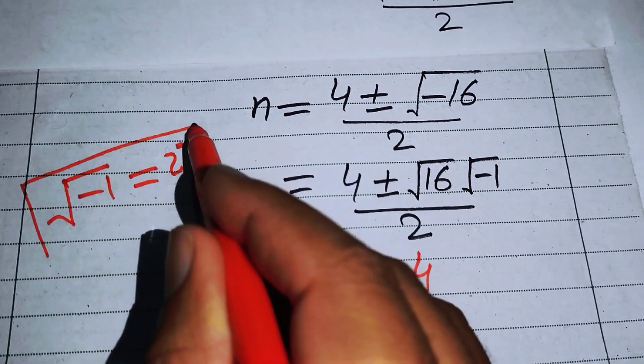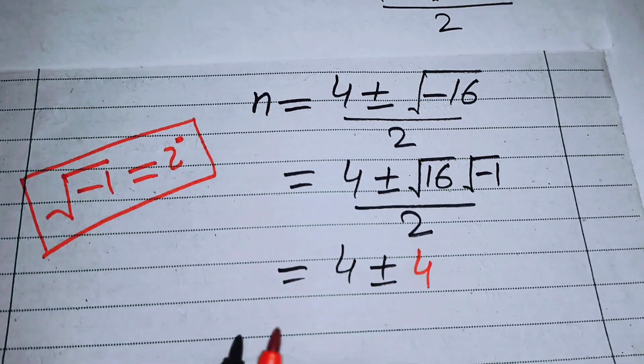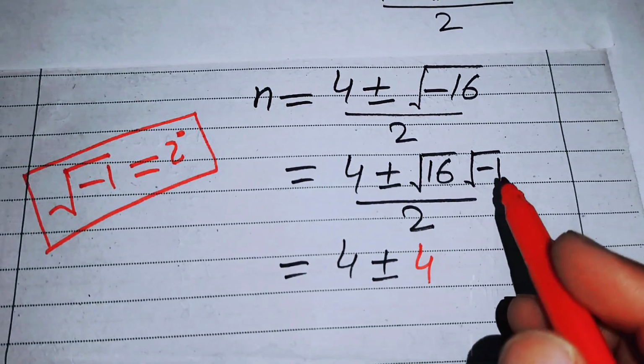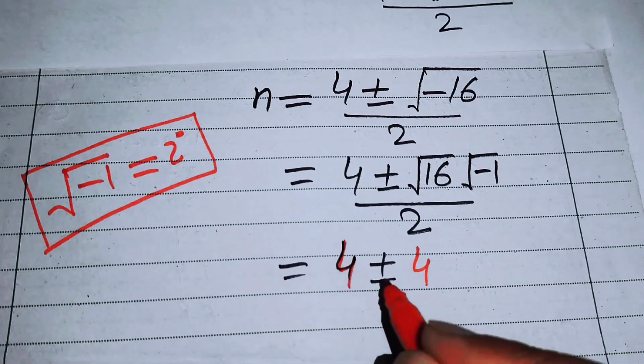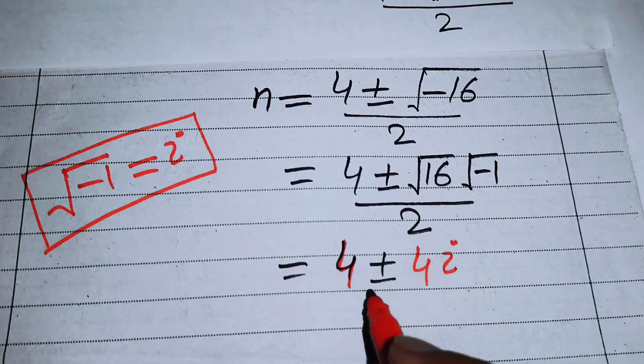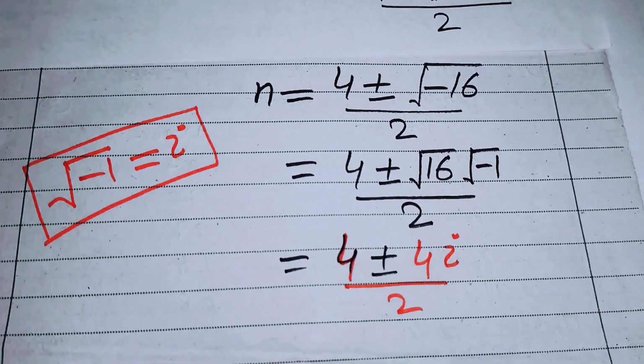So now we can use this basic concept of complex numbers, and you will obtain 4 plus minus 4 iota over 2.